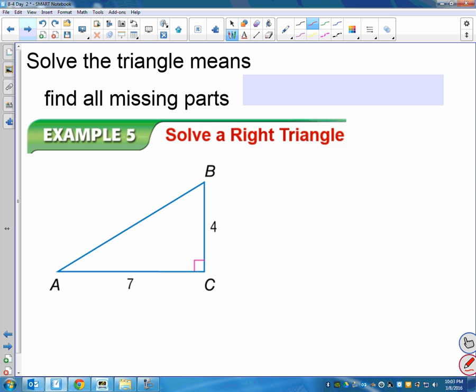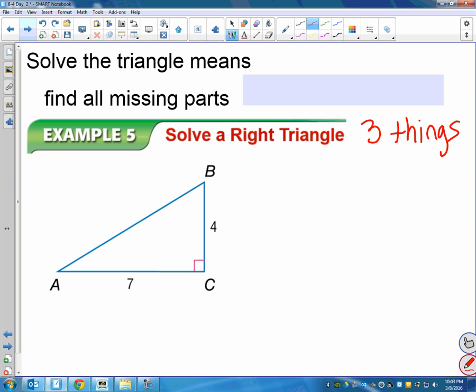You have options here. You don't have to always do it the same way that I do it or that your neighbor does it, as long as you're doing correct things. Pythagorean theorem is still a correct thing to do, but sometimes you're going to have to do trig. When it says solve a right triangle, you should always be finding three things.